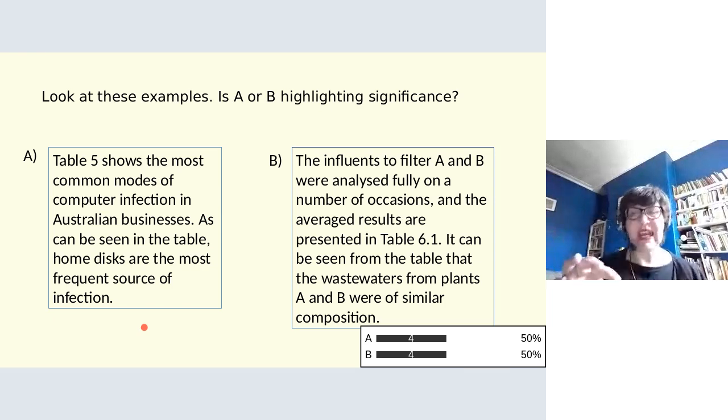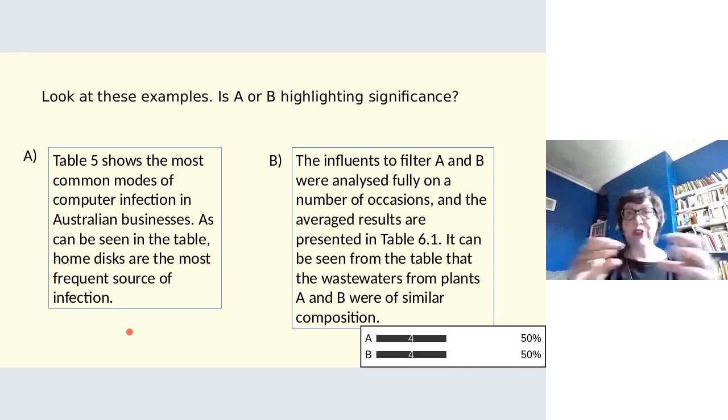It's not just saying this is what it shows, it's saying, I want you to see that home disks, this is obviously quite an old piece of research, they're talking about home disks and computer infections, but home disks are the most frequent. So it's not just saying, as you can see, there are lots of different causes of computer infection. It's saying the most important. So it's showing a little bit more analysis. It's saying, out of all of this, the most frequent is home disks. Okay, so there's a slight difference there.